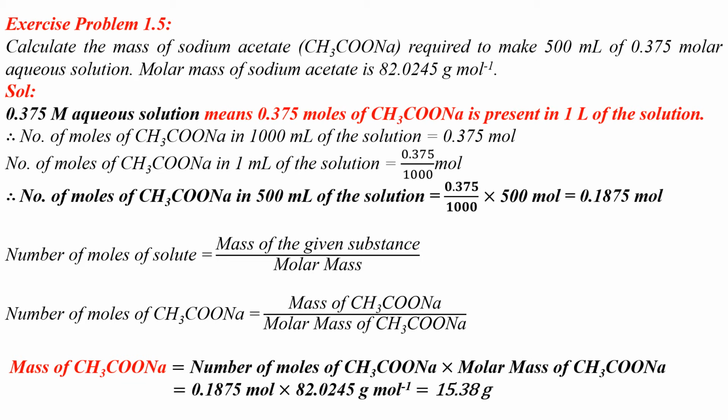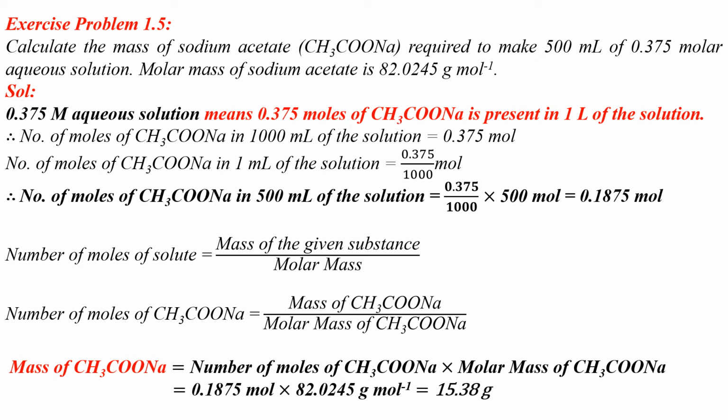Now, the molar mass of sodium acetate is already given in the question. We already calculated the number of moles of sodium acetate in 500 ml of solution. What we are going to calculate is the mass. So we shall rearrange this formula by taking the denominator, molar mass of sodium acetate, to the left hand side.